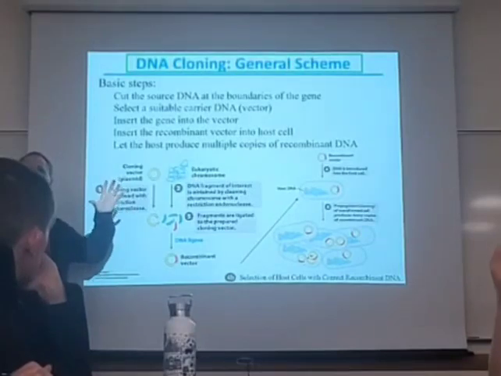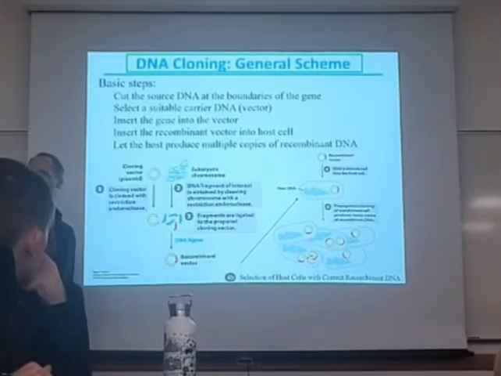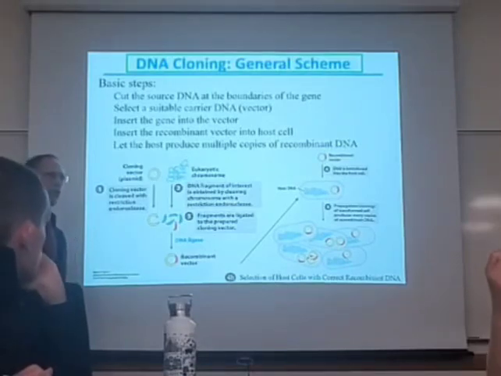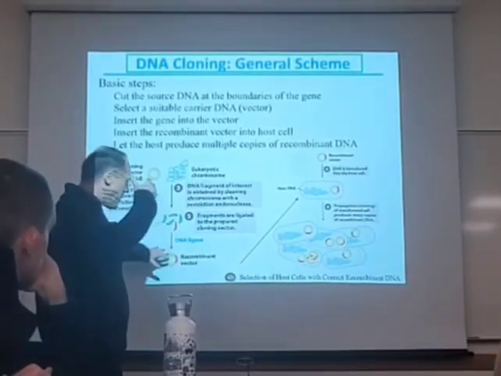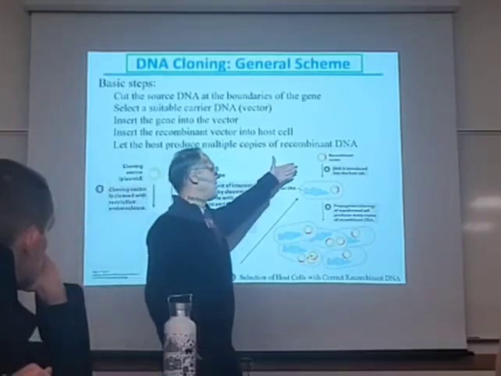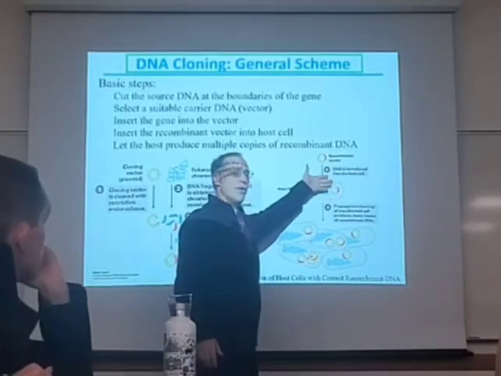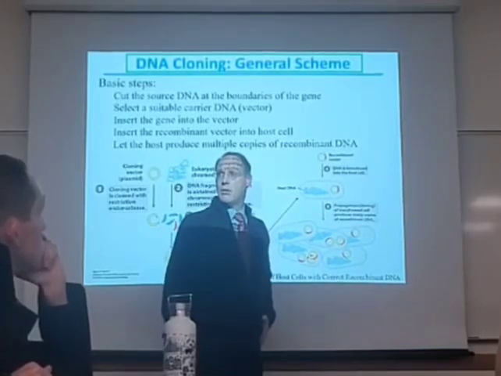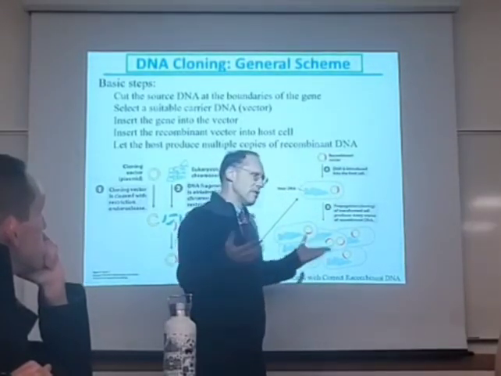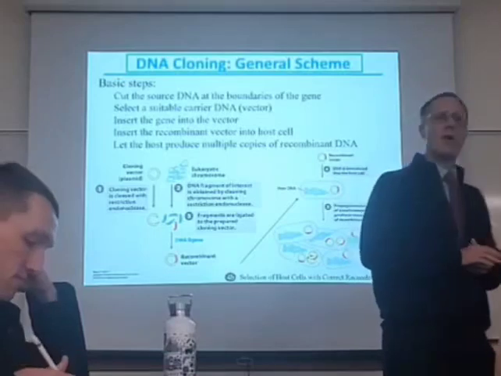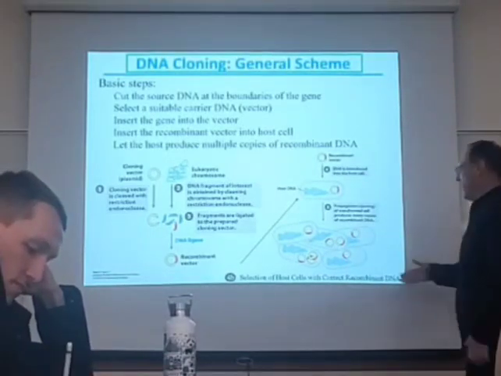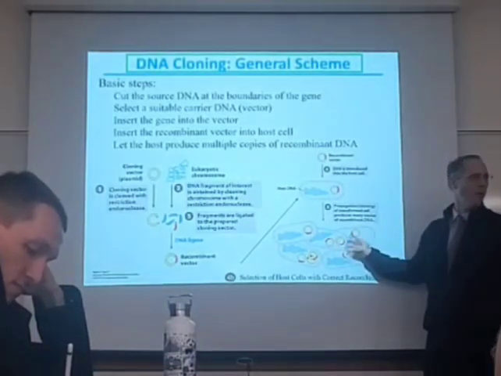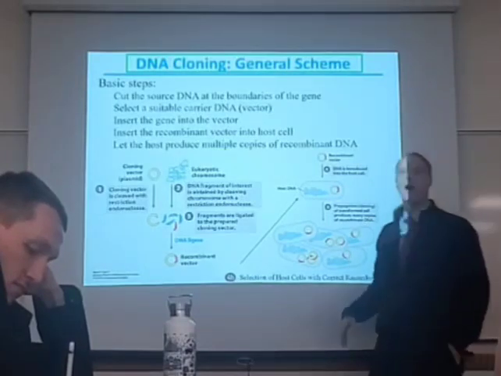If I open it up, can it reclose on itself without having inserted the piece? Yes, it can. Is it possible then that I could put more than one of these in? Yes, it's true. I could put more than one copy in. But assuming that we got the right copy in and then I put it in here, do they always go right into the cell? No, there's a little trick to get them in, but they don't always work. So is it possible I get more than one copy or no copies? Yes, all of that is true.